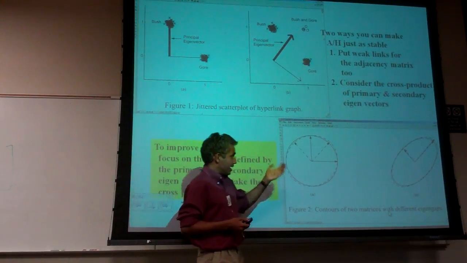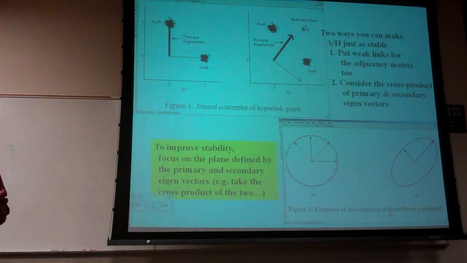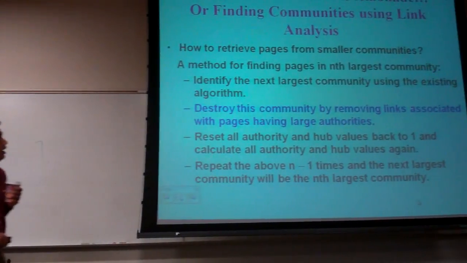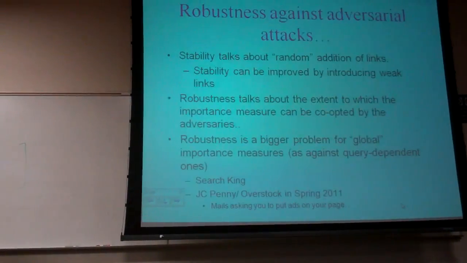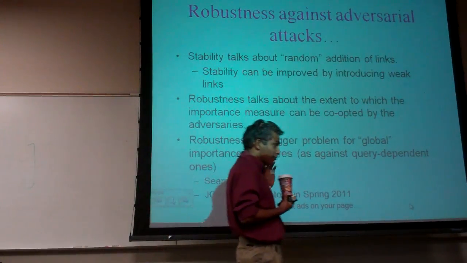So in essence, if it hangs around long enough, people will try to find out what their rank is and game the system to improve their rank. Knowing fully well, everybody in the process knows that these rankings don't mean anything, but people will play with it. Okay, so the next part that I want to talk about is robustness against adversarial attacks.